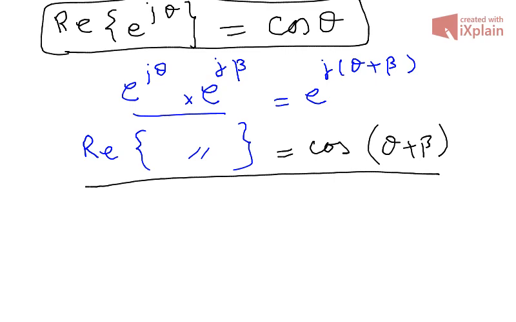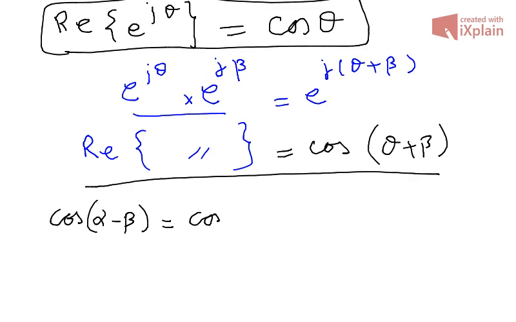Similarly, you are also familiar with the trigonometric identity cos of (alpha minus beta), which we will use to explain these expressions.